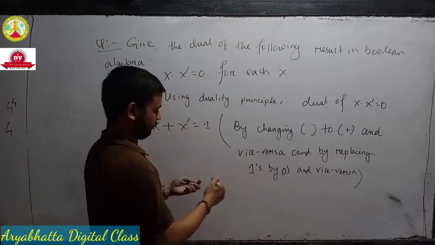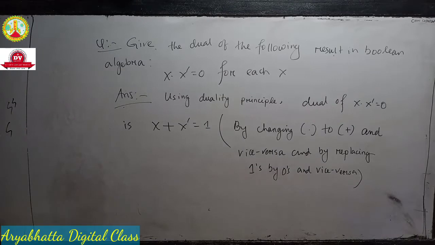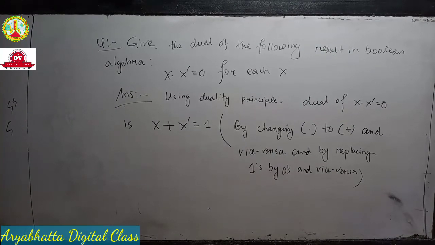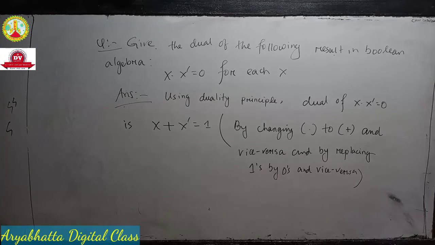So the dual of x dot x complement equals 0 is x plus x complement equals 1.